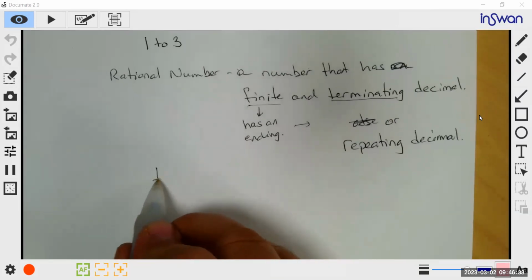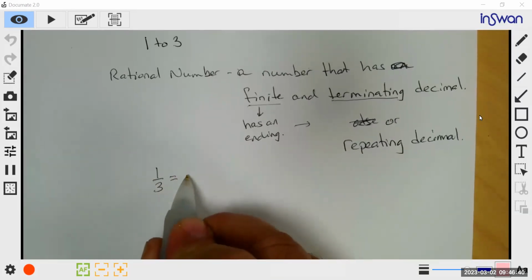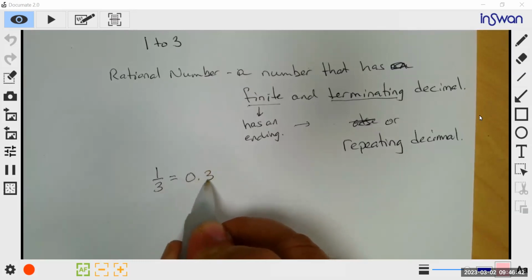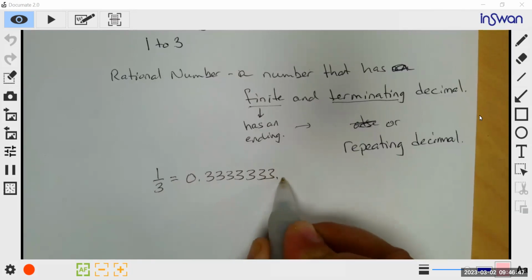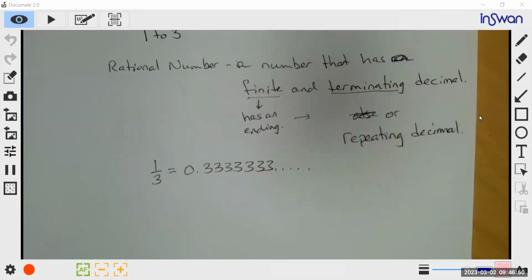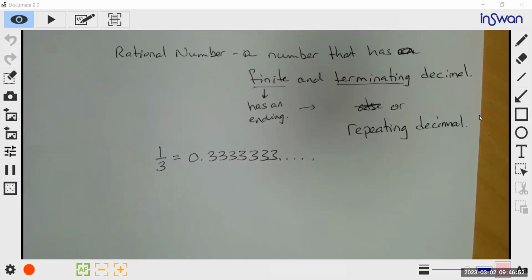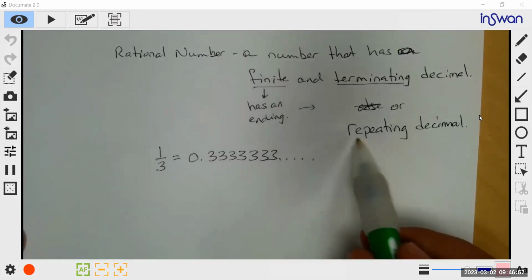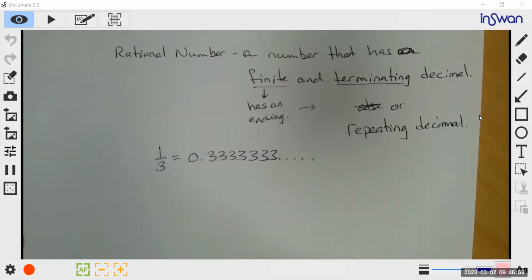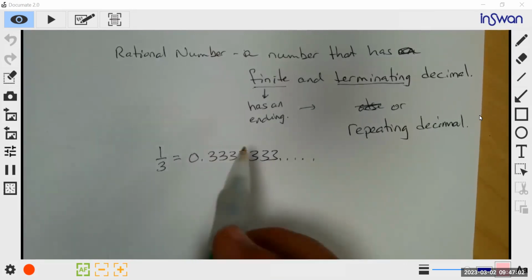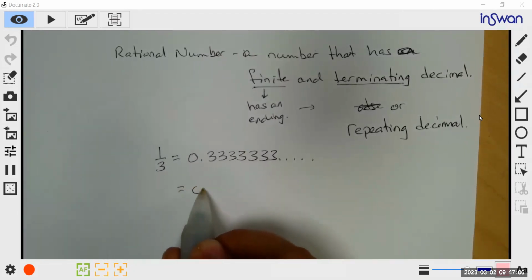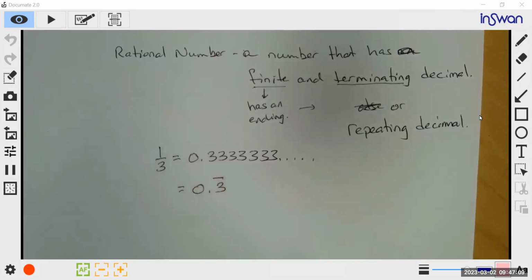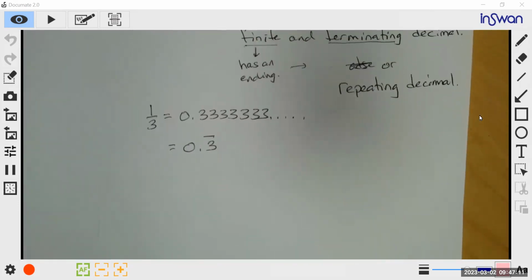For example, if we say 1/3 and keep on going forever, is this a rational number? Because it's repeating. We know what the next number is going to be in the sequence. If it's a repeating decimal, instead of writing all those, what we write in mathematics is a 3 with a bar.